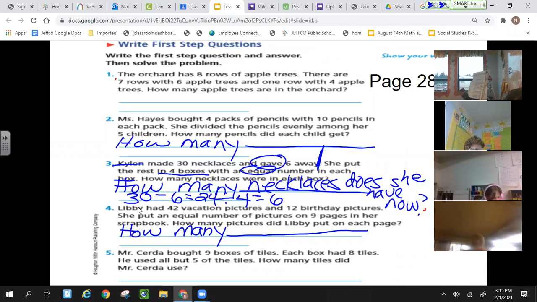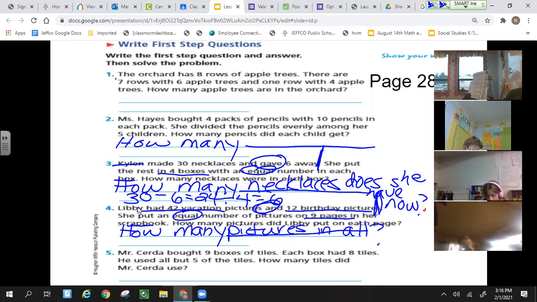How'd we do? Okay, Libby had 42 vacation pictures and 12 birthday pictures. She put an equal number of pictures on 9 pages in her scrapbook. So again, first I need to know, how many pictures does she have in all?